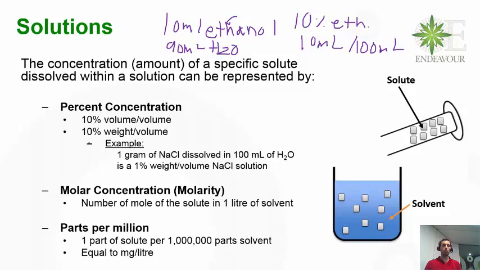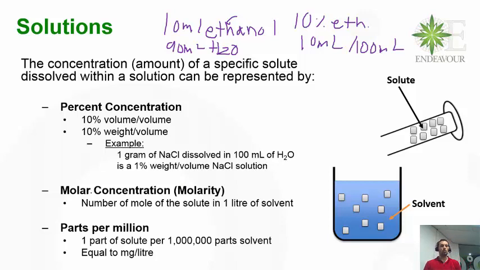You can also do a weight per volume. So how much does the solute weigh as a fraction of the complete volume? As an example here, if we dissolved 1 gram of sodium chloride into 100 mils of water, we would say it's a ratio of 1 to 100, so that's a 1% weight per volume solution of sodium chloride.